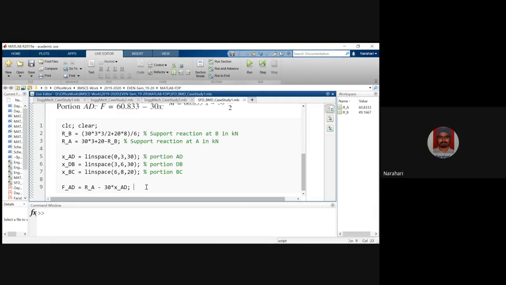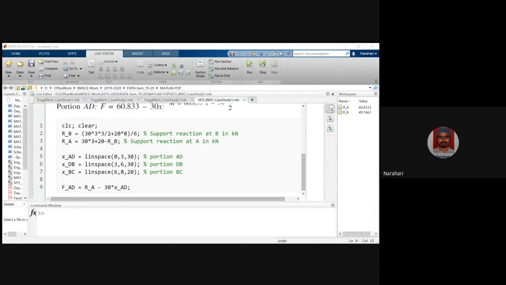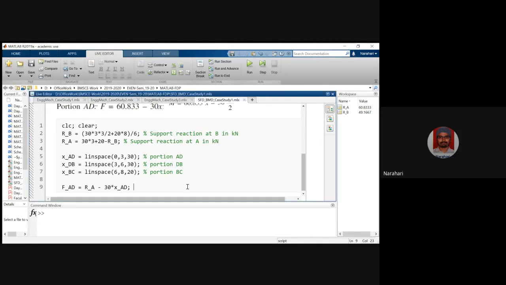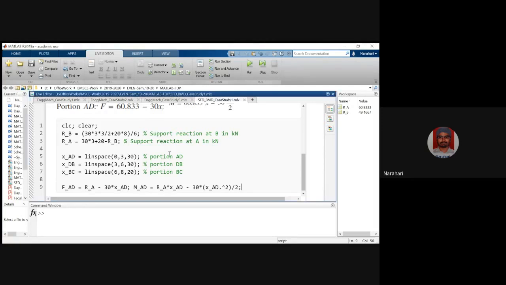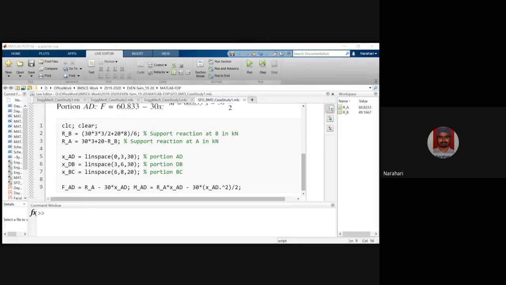I will write the moment equation here itself so that you can view it easily. By the way, if you want, I will copy paste this whole code for your reference. The code appears to be big, but it's a very simplistic way of doing it without going for any for loop or anything like that.